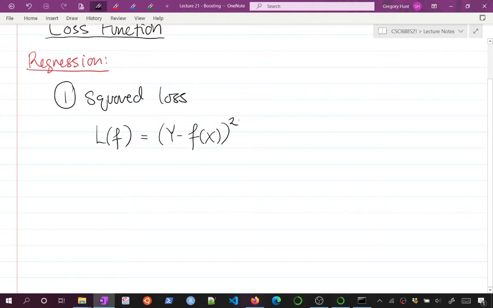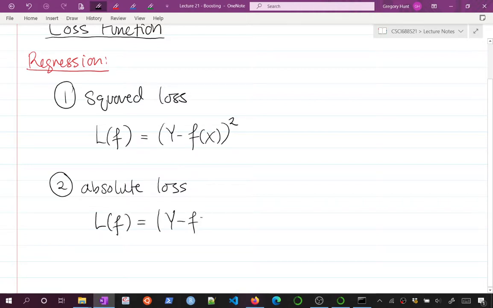This is the typical loss we use for regression. Another loss that we briefly mentioned would be the absolute loss, which defines L of f to be the absolute value of y minus f of x.